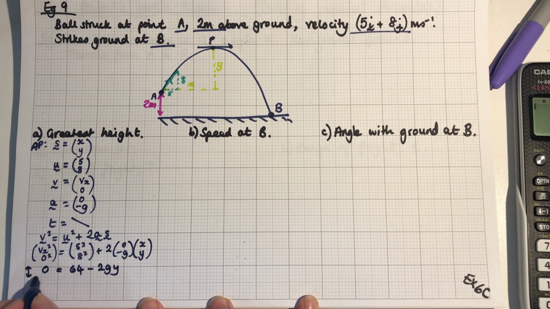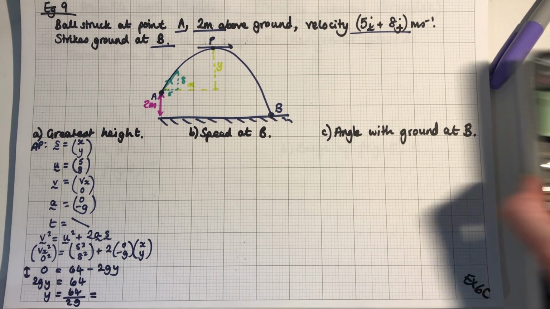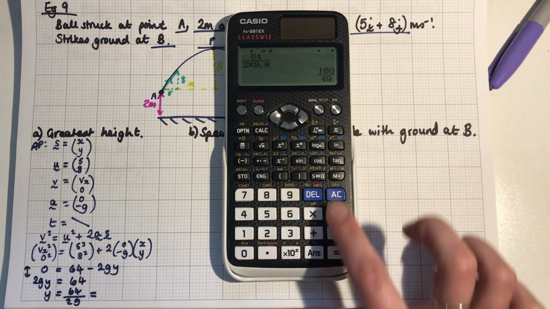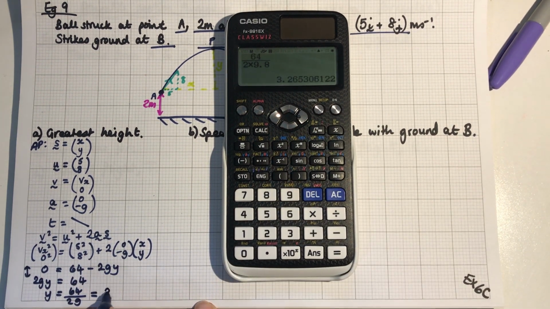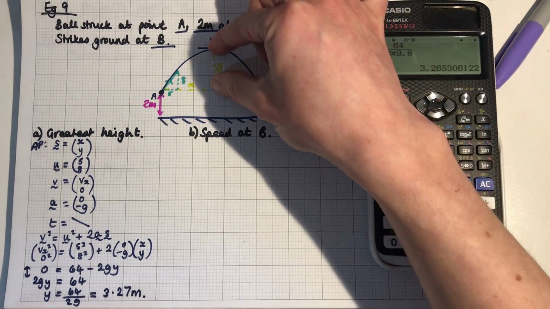Let's rearrange that. That gives me y is 64 over 2g. 64 over 2 times 9.8 is 3.27 metres. Now be careful, because that's not your final answer. That is this distance.